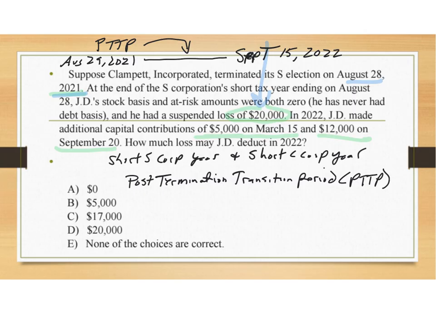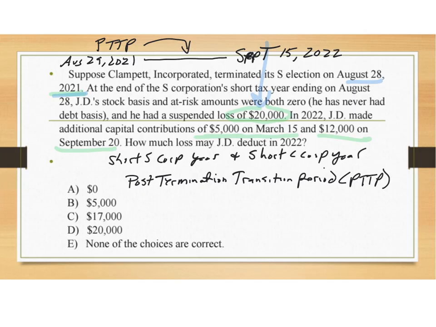or September 15th, 2022, because when is an S corp tax return due? It's due on March 15th. When is the extension due? It's due September 15th, right? So what does that mean?